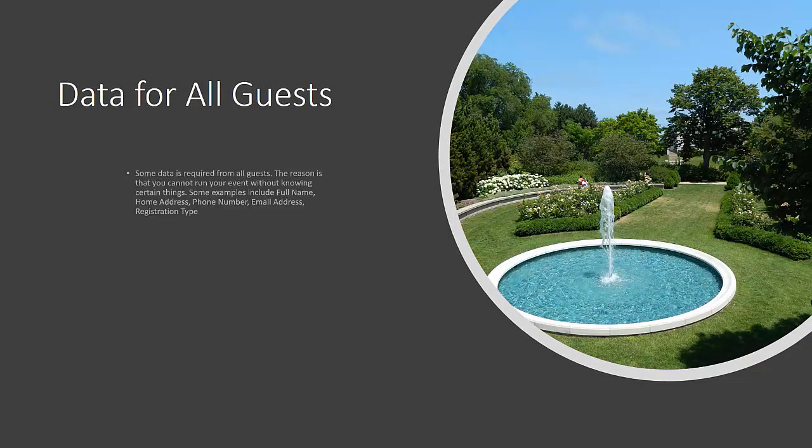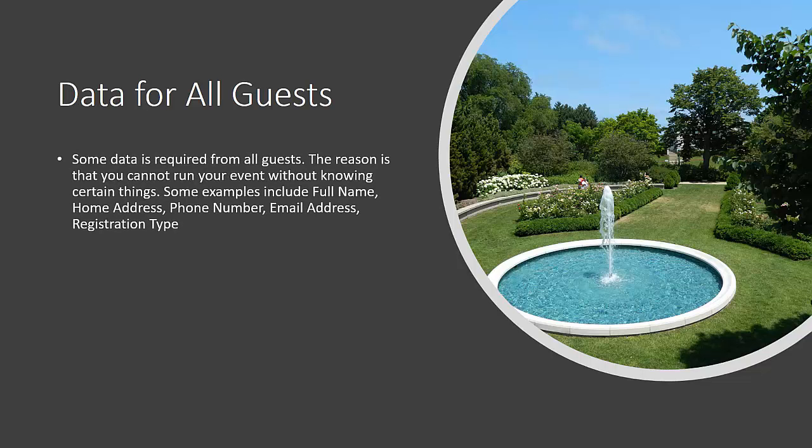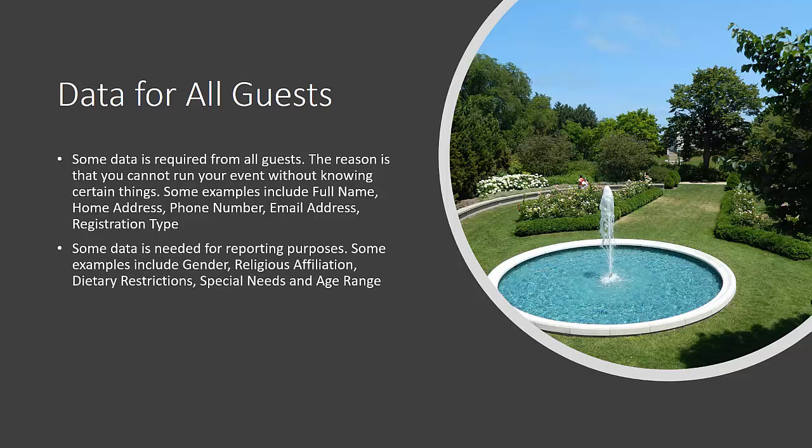The data for all guests. It's important to know that some data is required from all guests. The reason is that you cannot run your event without knowing certain things. For example, a full name, a home address, phone number, email address, and that registration type. Some data is also needed for reporting purposes.